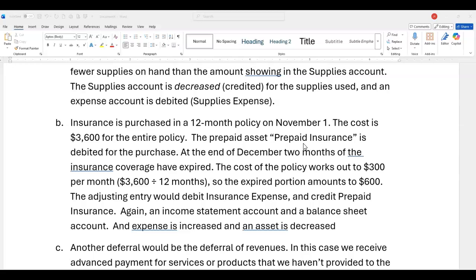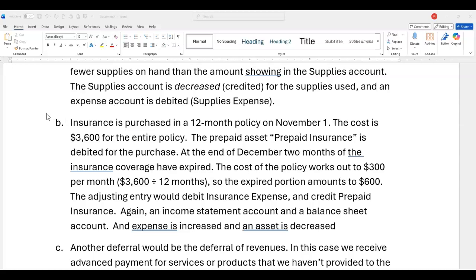Now the balance in the prepaid insurance account is down to $3,000, and every month we would reduce that by $300 until we get down to zero. And every month we would debit the expense account, insurance expense, for that same amount. Again, an income statement account, an expense account, and an asset account are involved.